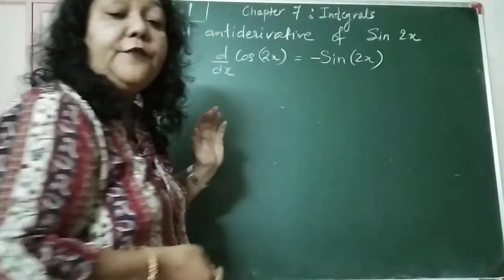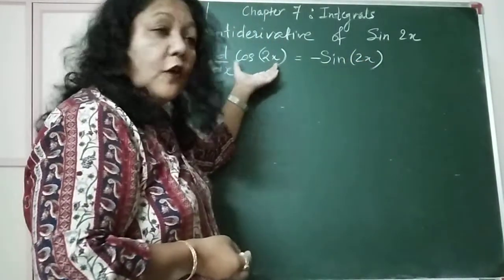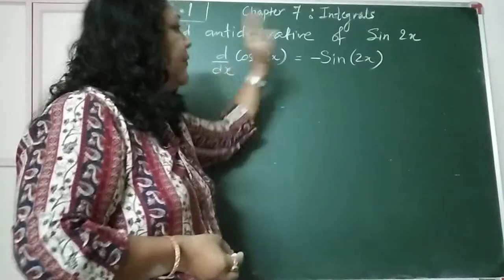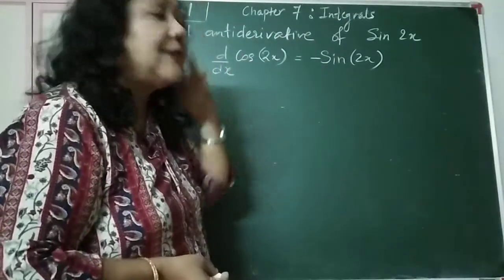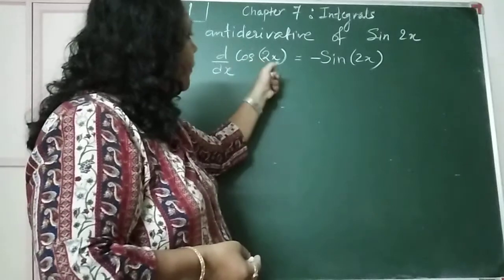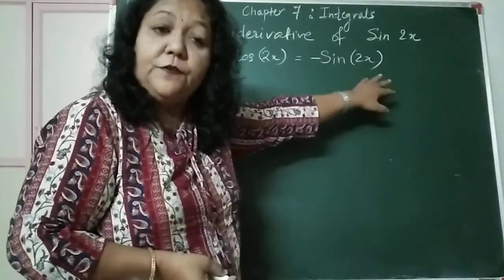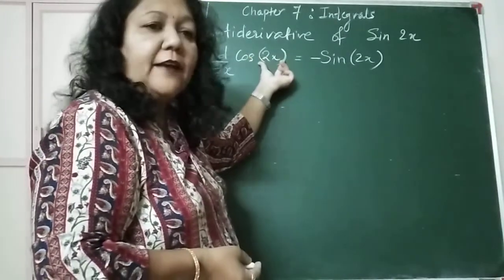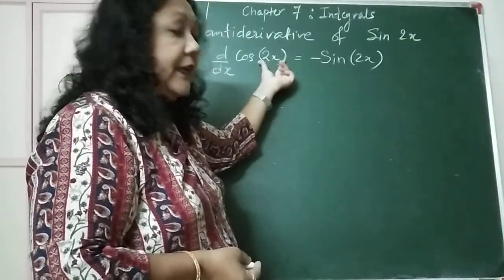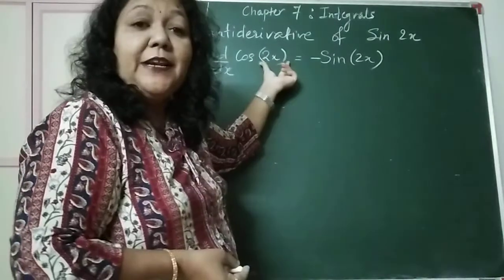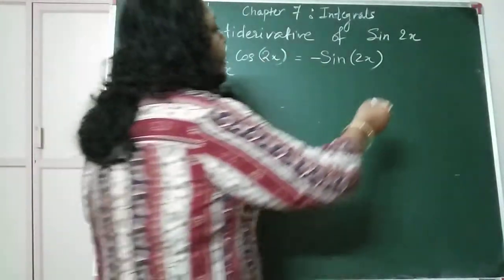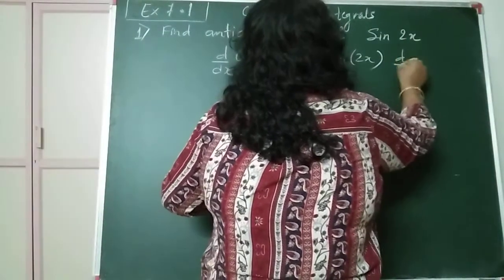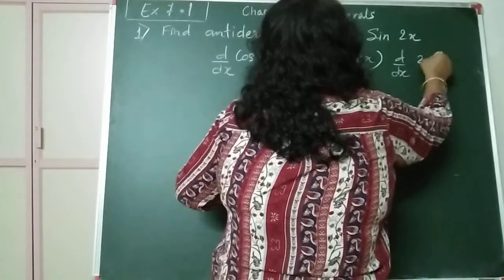So what was the differentiation of cos of 2x? The differentiation of cos will be minus sine. So cos of 2x gives minus sine of 2x. But you know the chain rule, that if you do not have the simpler form of x over here, you differentiate that bracket again. So I will have into d by dx of 2x.